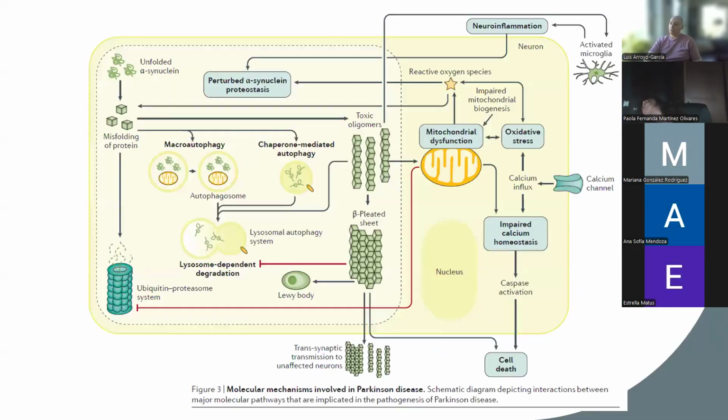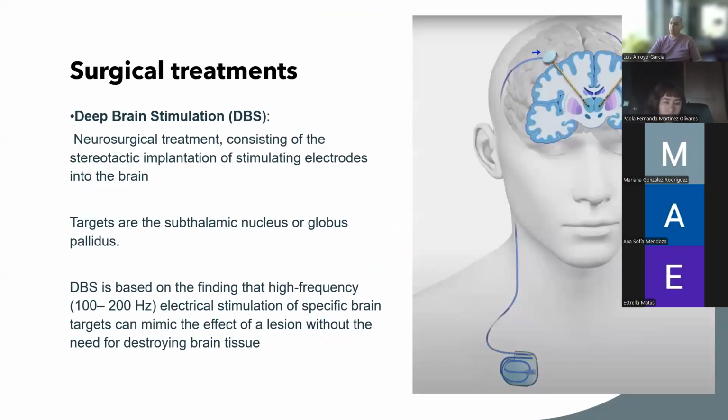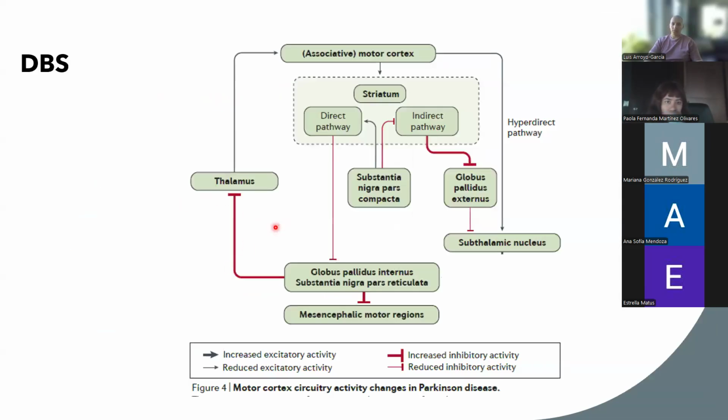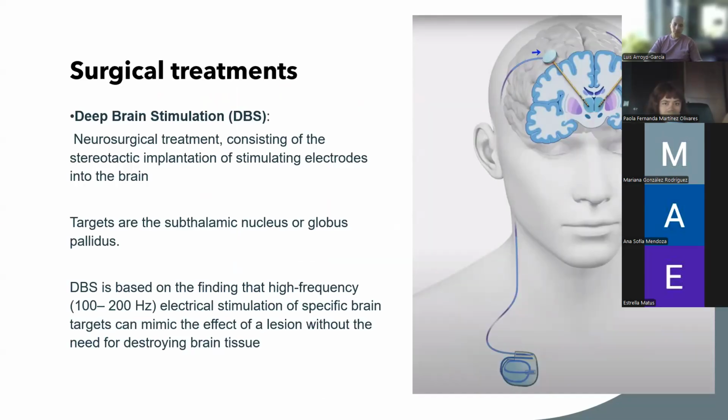And what we do with deep brain stimulation is insert an electrode into the brain, to the subthalamic nucleus or the globus pallidus, to actually activate these regions of the brain.